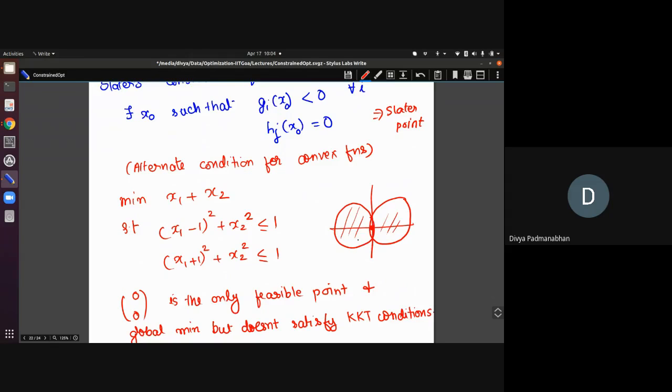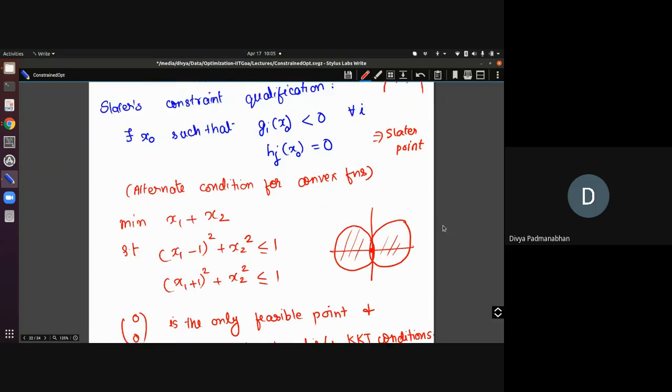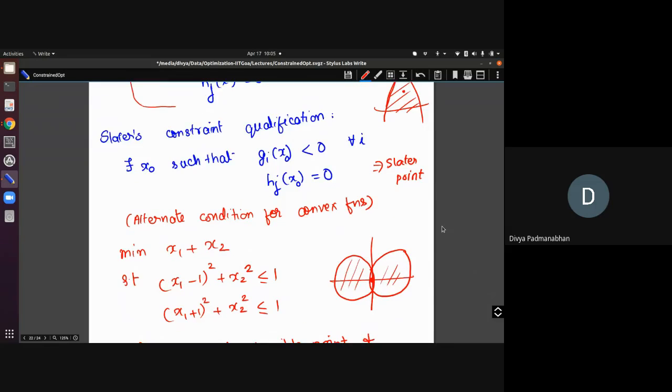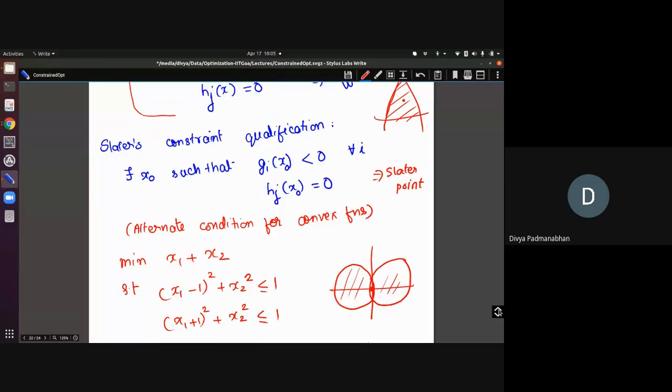There's no point which is strictly interior as far as both these are concerned, in this feasible region. So here the Kkt conditions will not be satisfied. You will not be able to find a Kkt point here. Though this is an optimum and it's a convex problem, the Kkt point need not exist. A condition where the Kkt point will exist is the Slater's condition. This is only for convex functions.